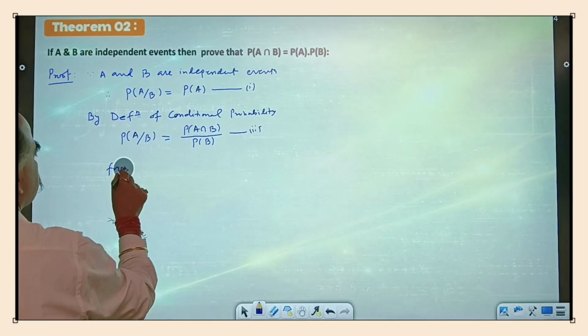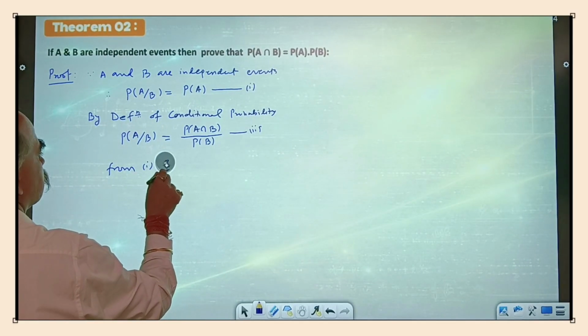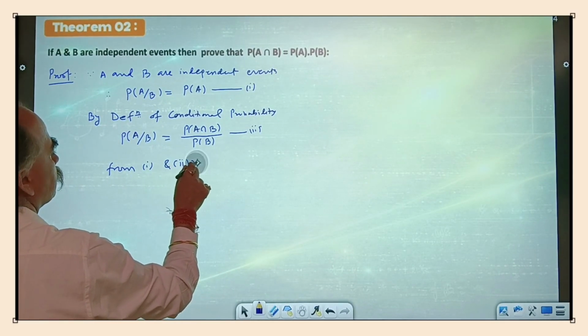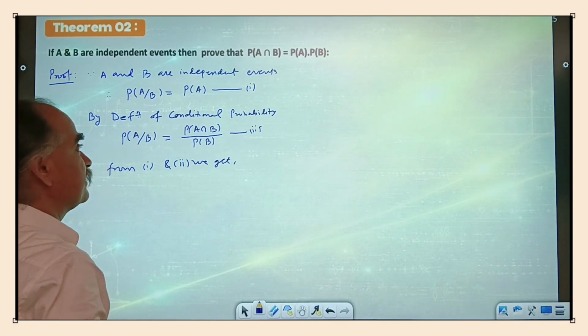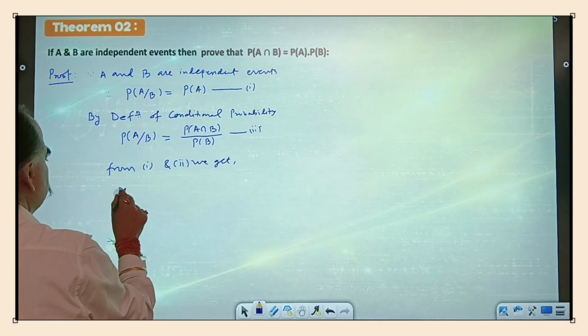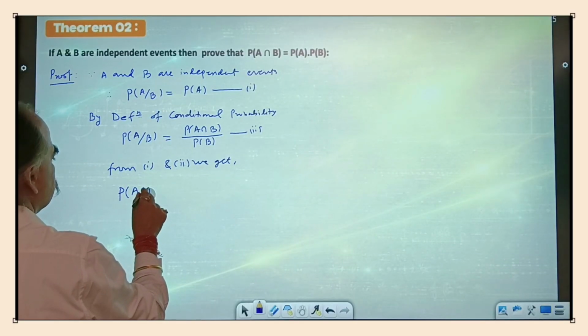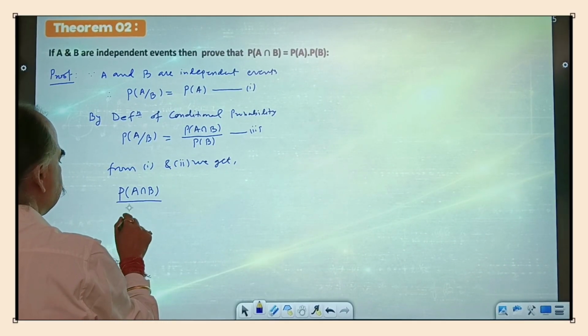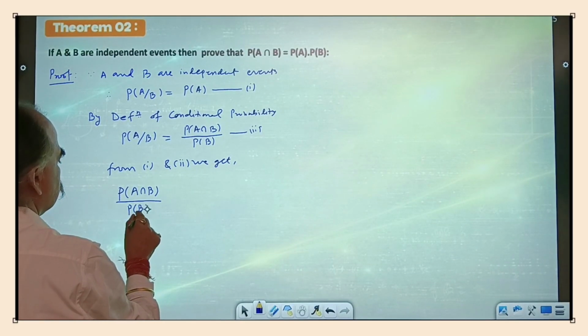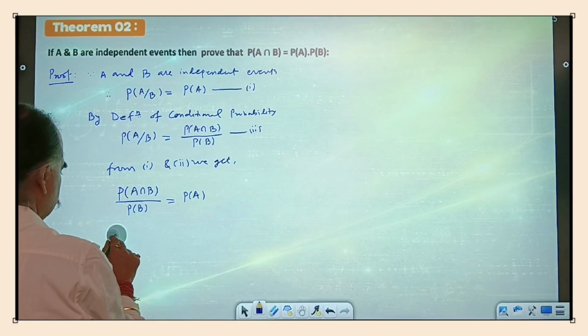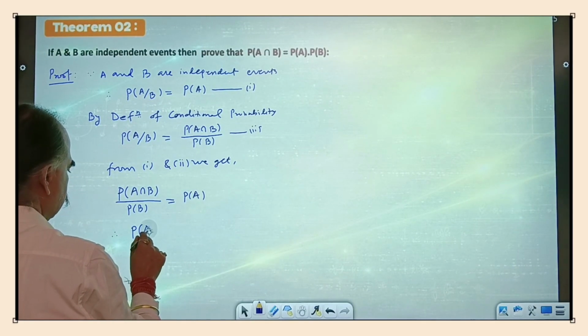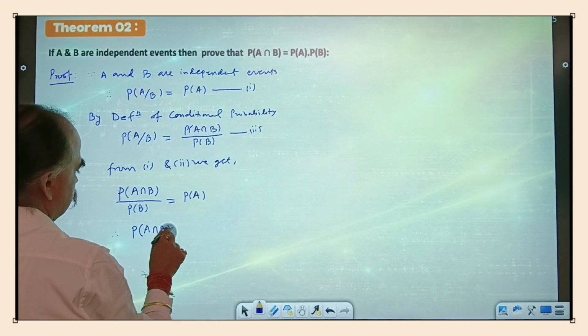From 1 and 2 we get, left hand sides of both the equations are same, so right hand side will also be equal. So P(A intersection B) upon P(B) is equal to P(A). Therefore P(A intersection B) is what?